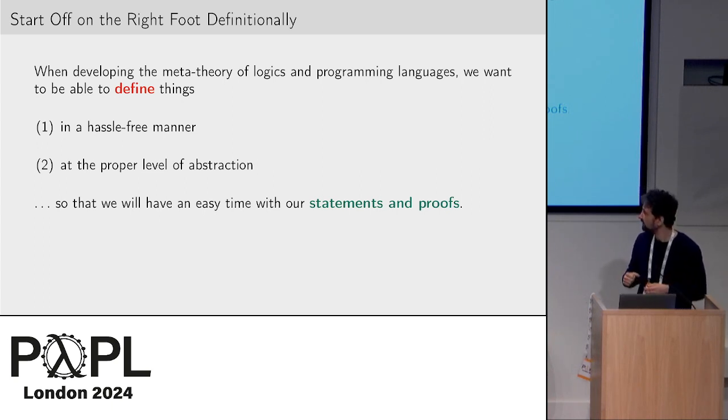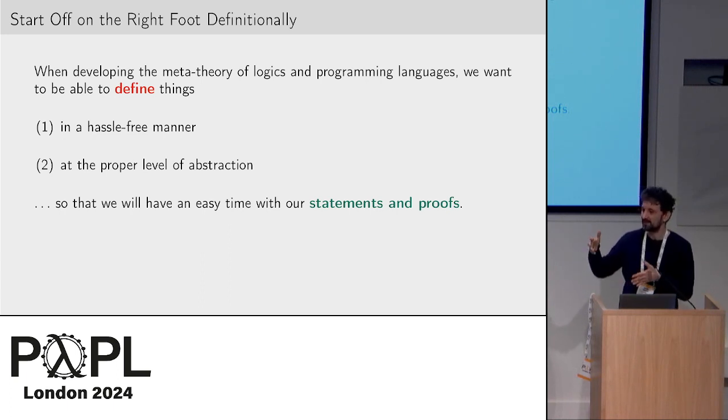I work on building proof-assistant infrastructure, definitional and proof mechanisms. Most of us who have used a proof assistant for formalization know how important it is to start off on the right foot when doing definitions.